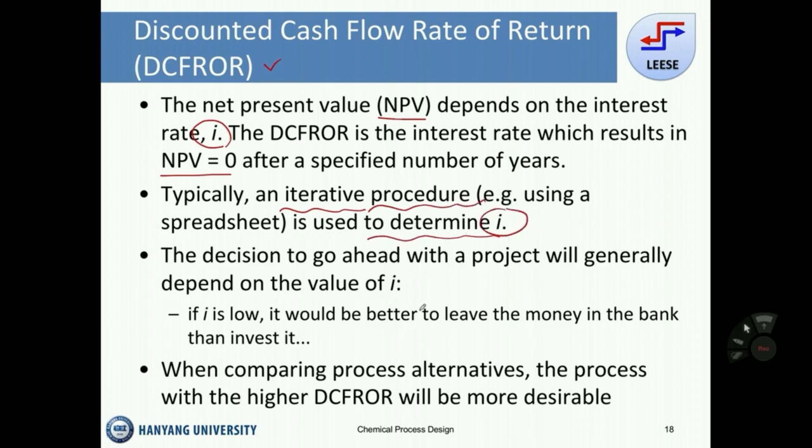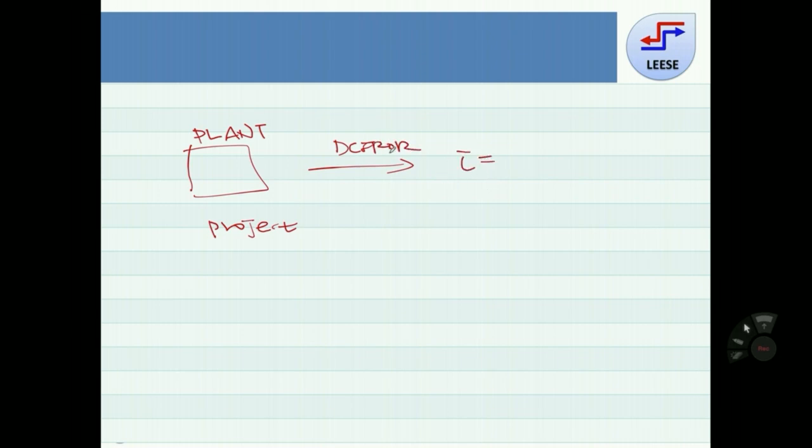So I have a plant or I have a project. I calculate DCF-ROR. Then the DCF-ROR is, say, 15%.